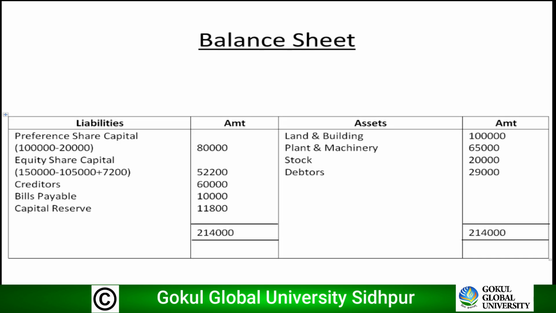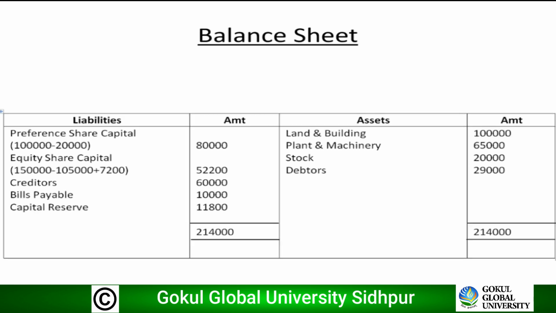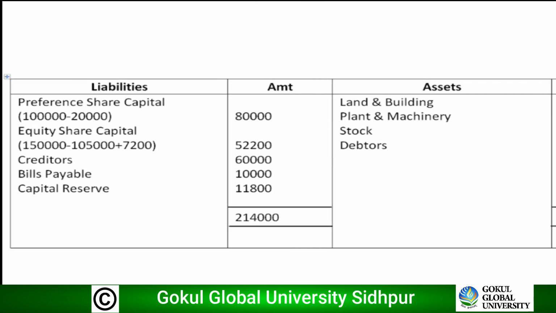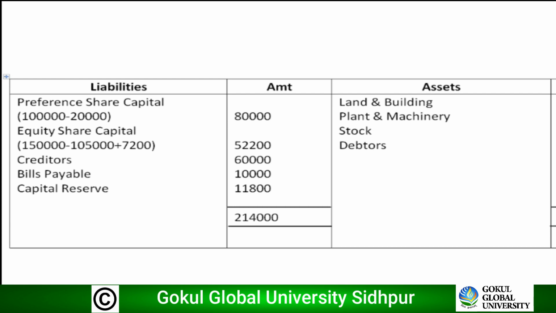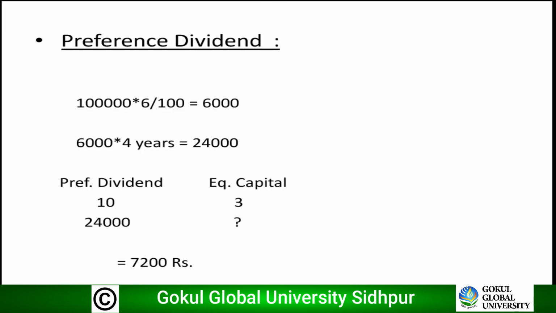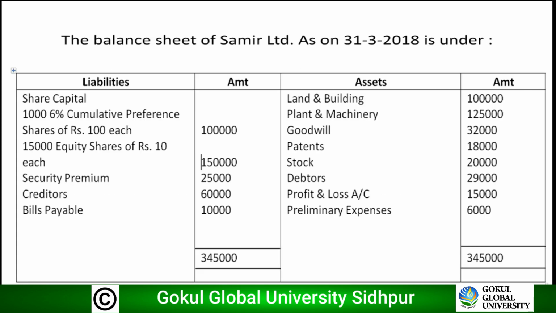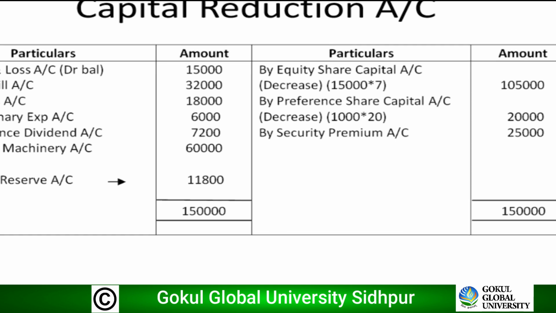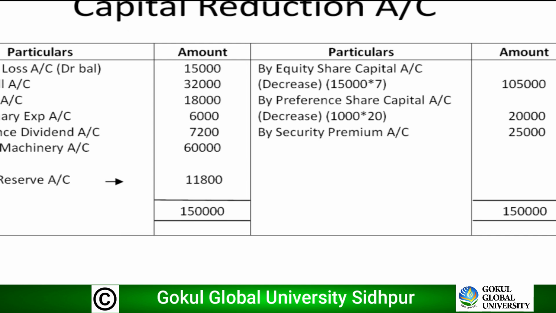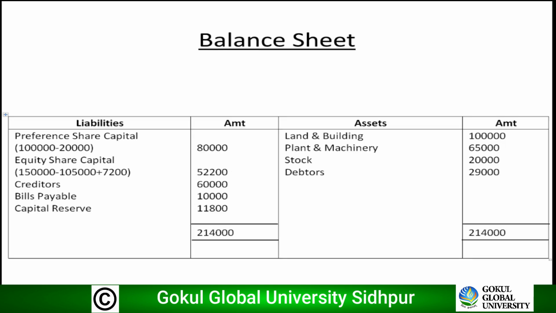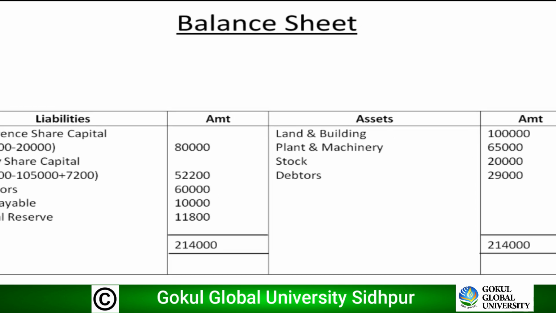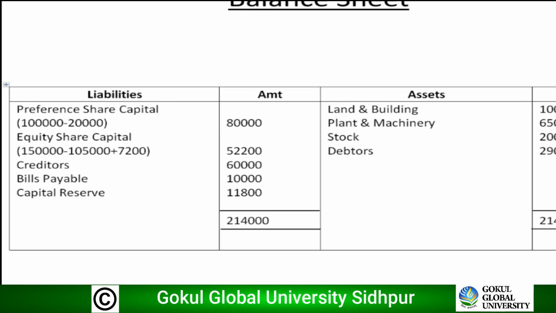Next, balance sheet. See liabilities. Preference share capital total amount is rupees 1 lakh in the old balance sheet, and reduction price of preference capital is rupees 20,000. So net amount of preference capital is rupees 80,000. Next, equity capital.